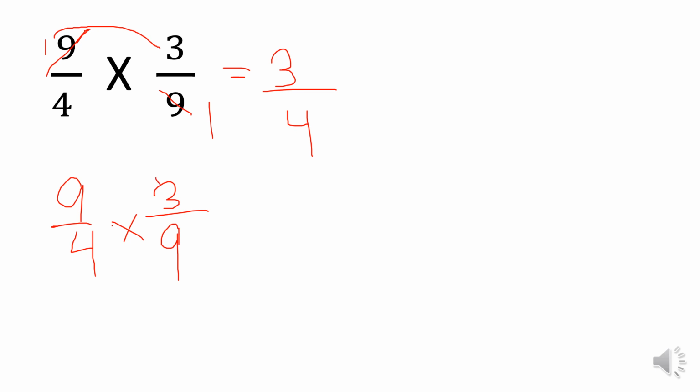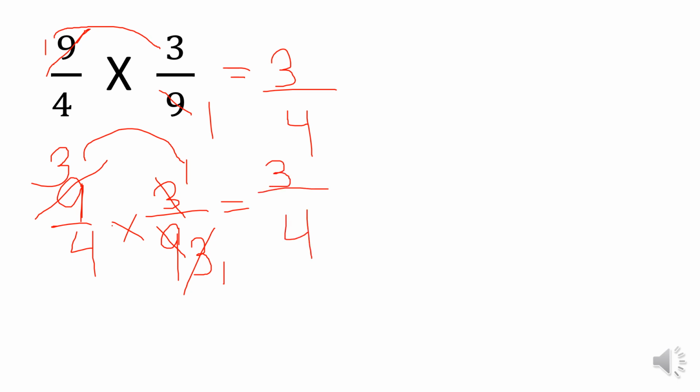Let's try it that way. 3 into 3 is 1, and 3 into 9 is 3. After reducing, I'm going to multiply. 3 ones are 3, and 4 by 1 is 4. Notice I'm getting the same answer.